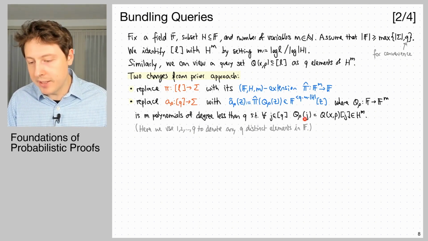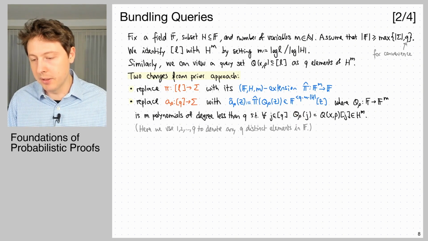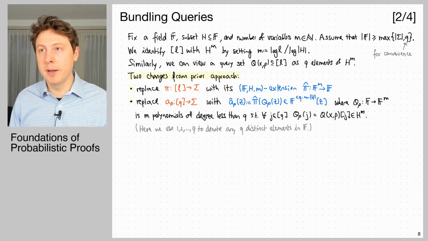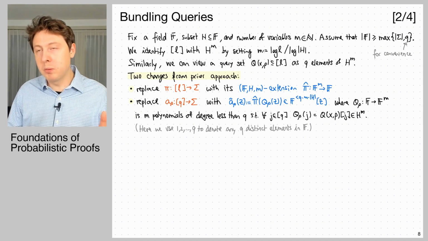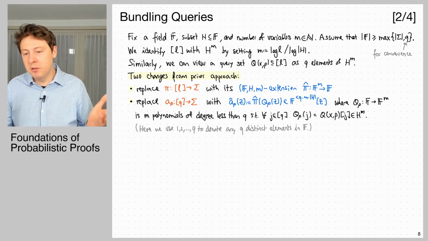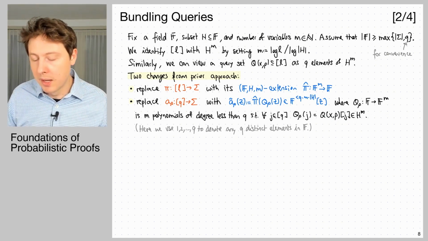And again, we're fixing a particular PCP randomness. Is going to be the jth index of this tuple. Okay, I'm going to get some polynomial of degree less than d, right? Because I'm interpolating q things, I get some univariate polynomial of degree less than d.